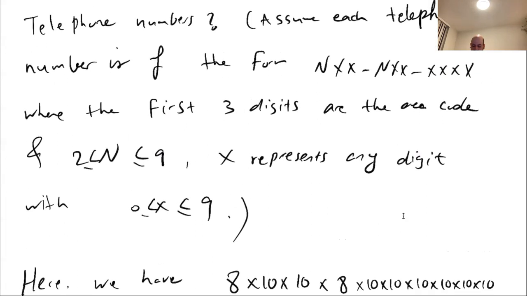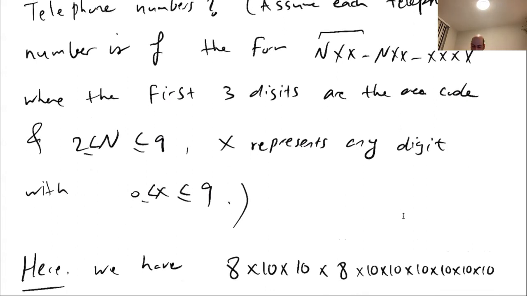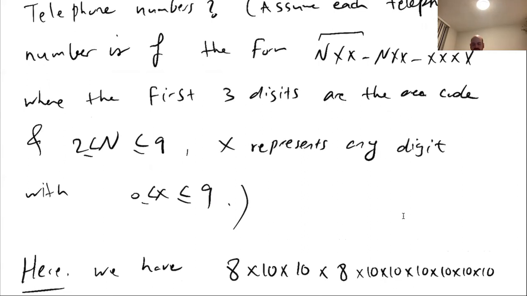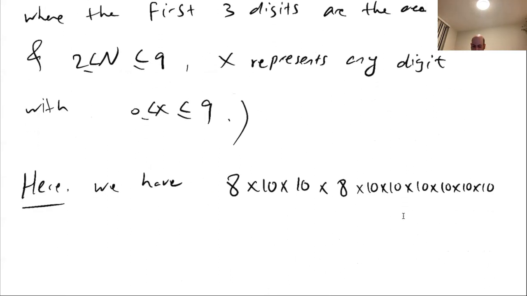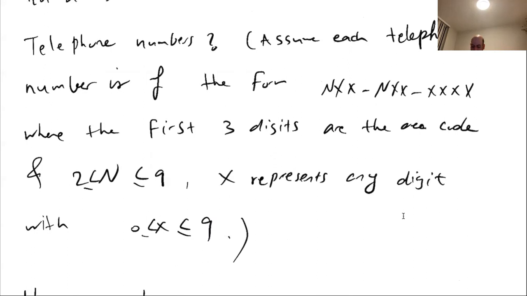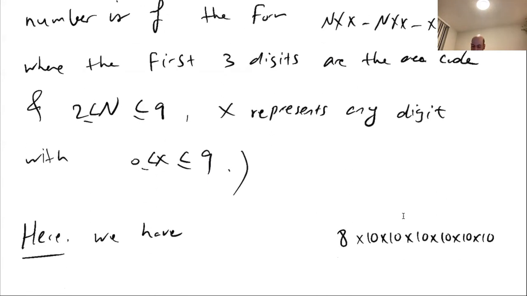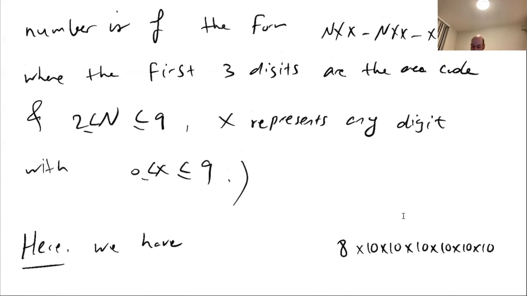Well, the first 3 digits are the area codes, right? So let me first count, apart from the area code, how many phone numbers we have. Ignoring the first 3 digits, the remaining digits are 7 of them. For the first digit, we have 8 options because for n we have 8 options.